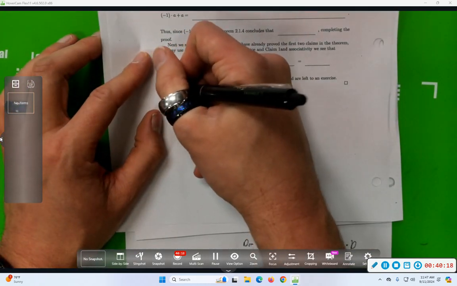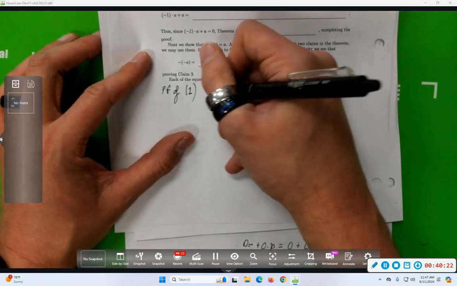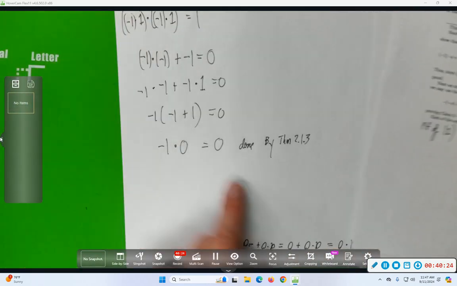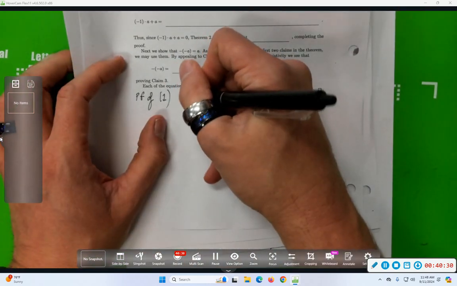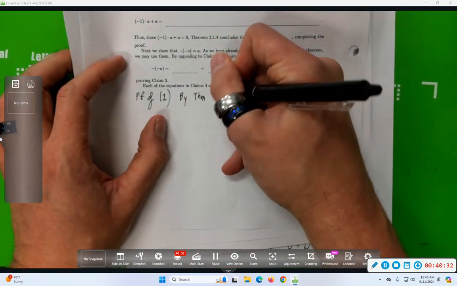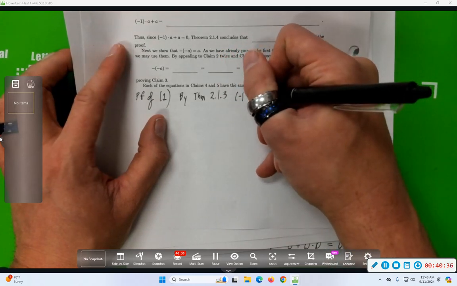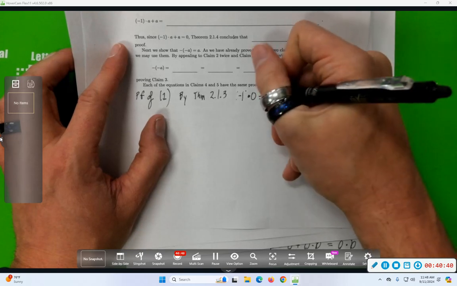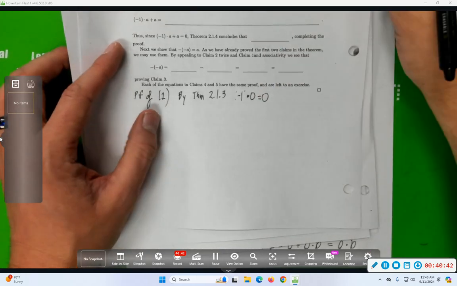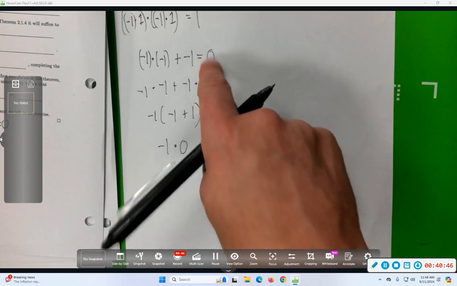Proof of claim 1. So I'm going to follow what's written here, starting from the bottom. So by theorem 2.1.3, -1 times 0 equals 0. And now what will we do? Let's describe the steps going backwards.